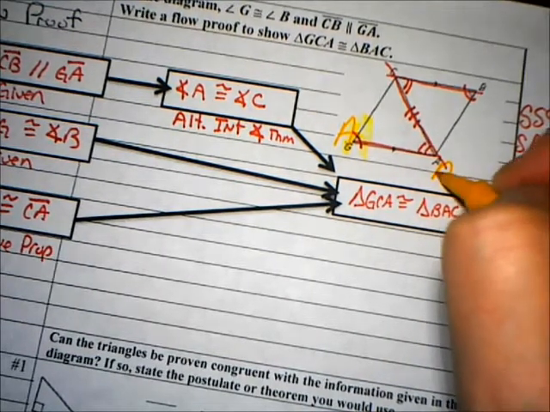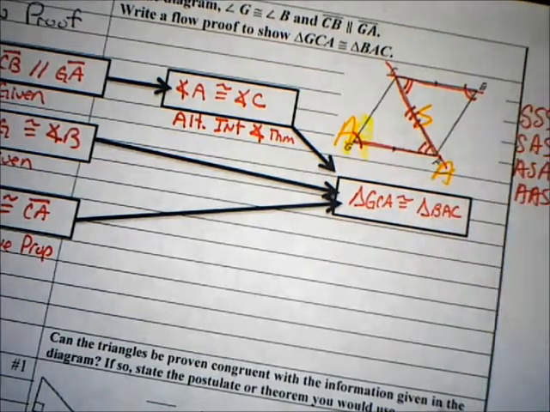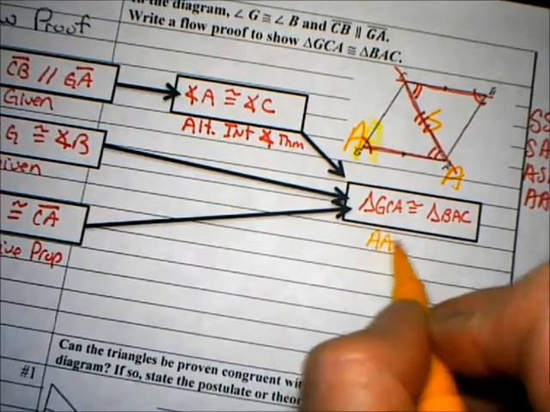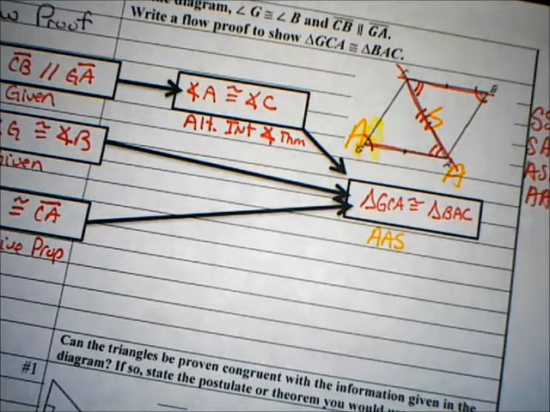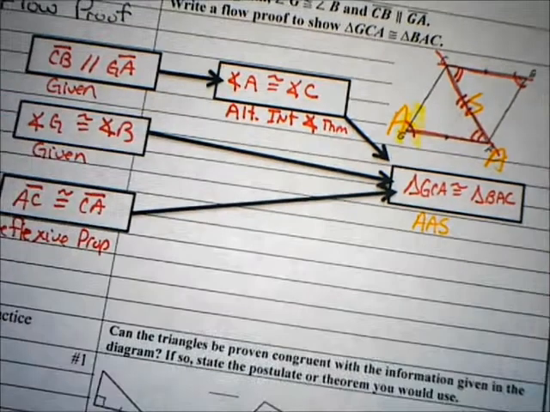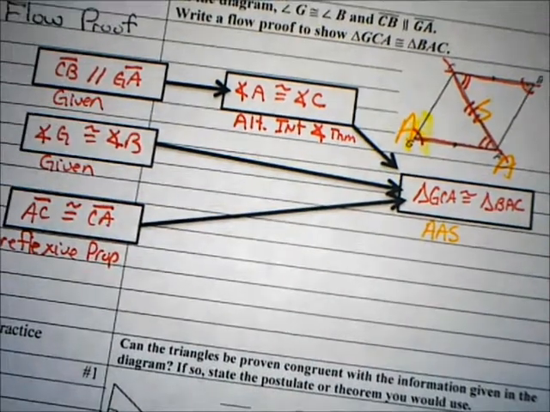This would be an angle and a side, so that here in my reasoning, I would say that this is angle angle side for my proof. Flow proofs can be nice because they'll show you exactly how things have to line up with each other if you already know the pattern that it's supposed to give you.